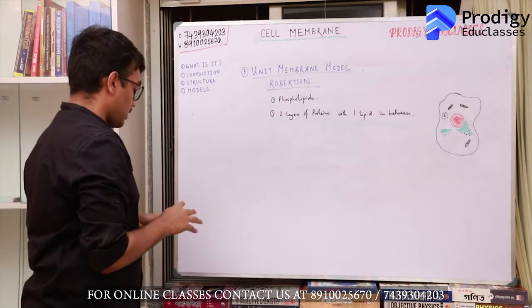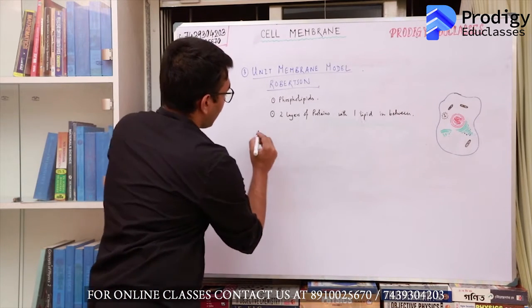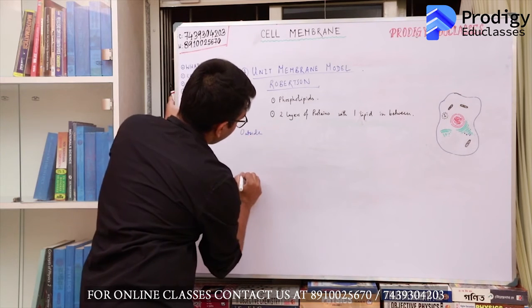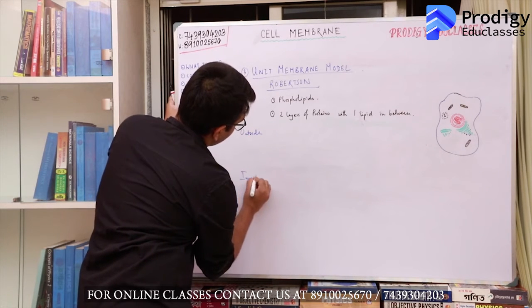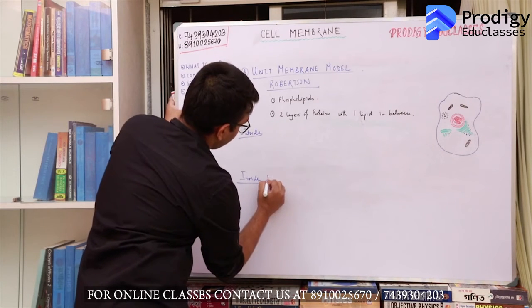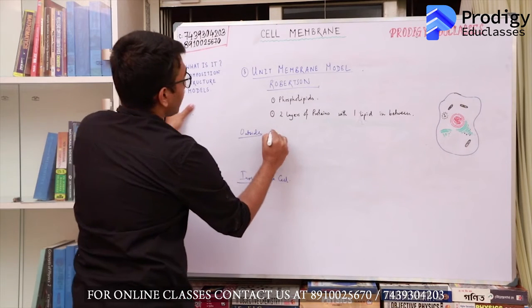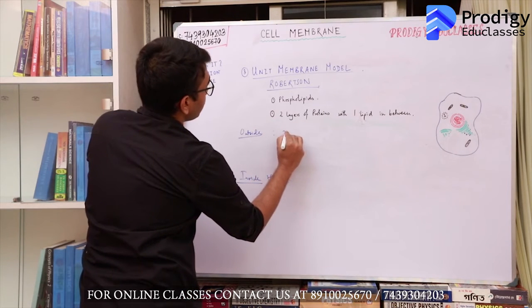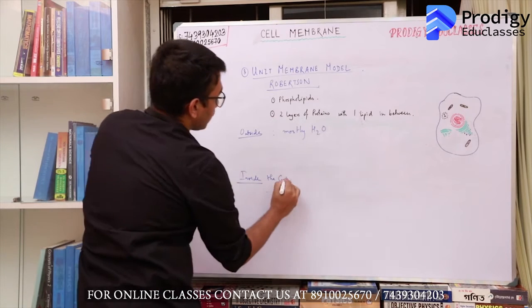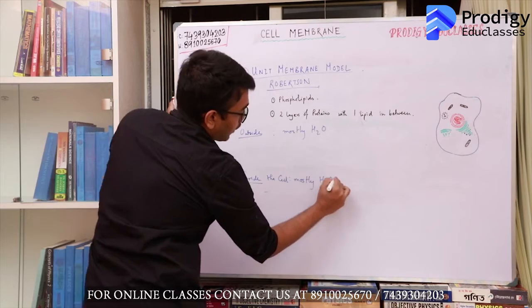Now, imagine having a cell membrane. Say this is the outside and this is the inside. So on the outside you have mostly water, and on the inside also you have mostly water.